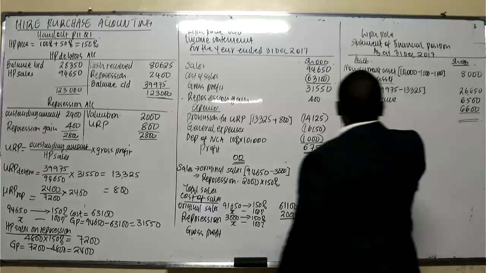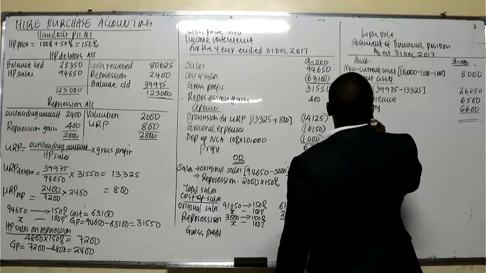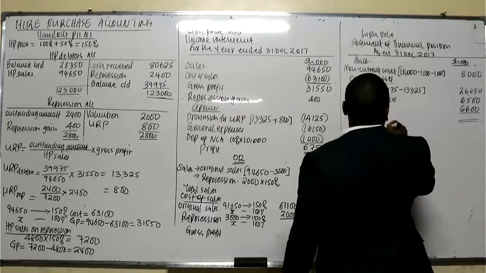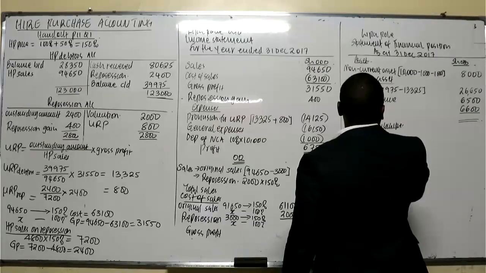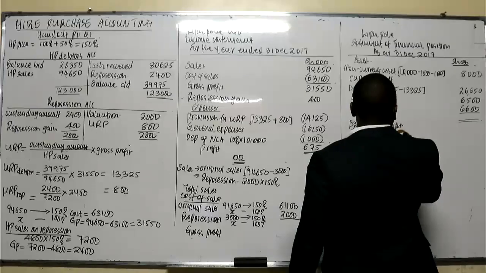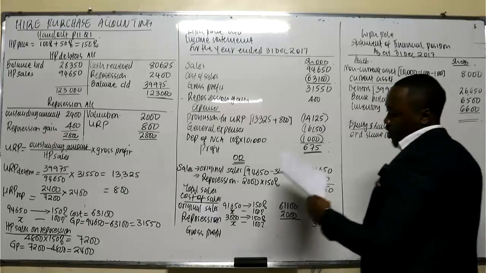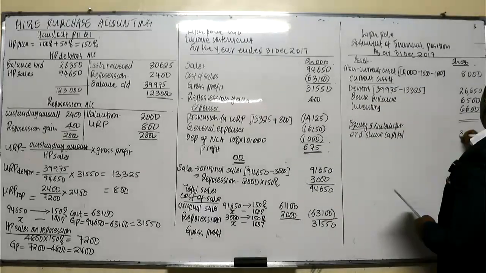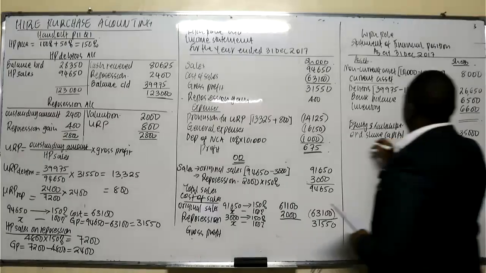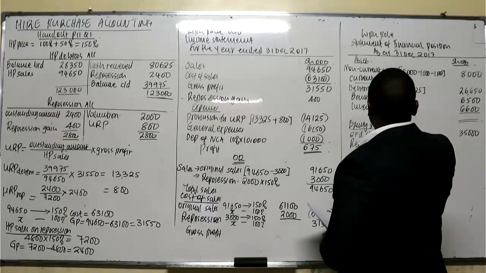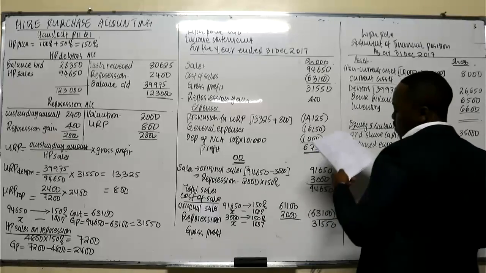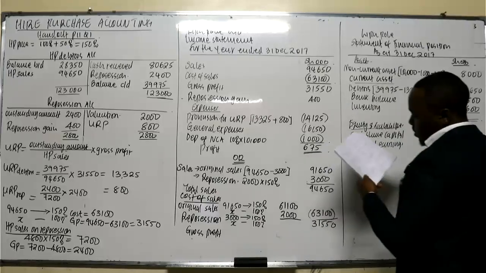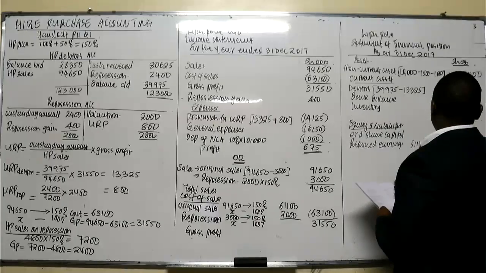Now, then we have equity and liabilities. In the equity and liabilities, we have the ordinary share capital. How much is the ordinary share capital? Is it an amount of 35? Then you add retained earnings. For retained earnings, that's the revenue reserve, was an amount of 51.15.